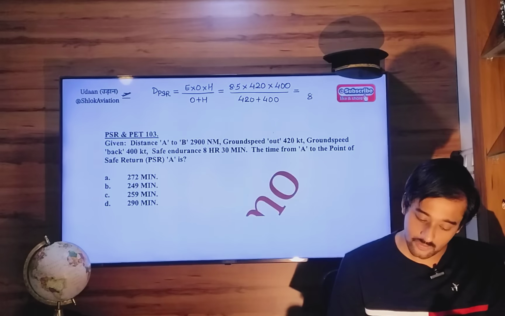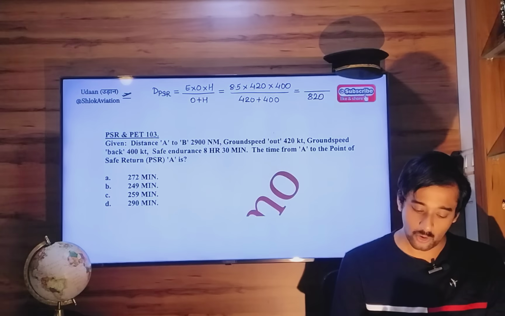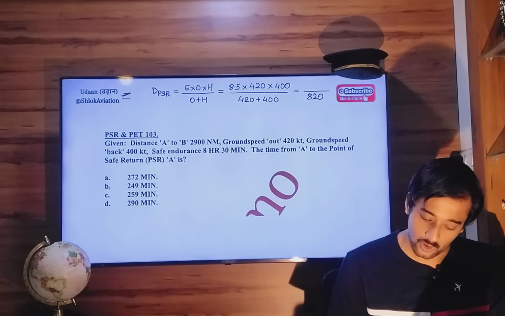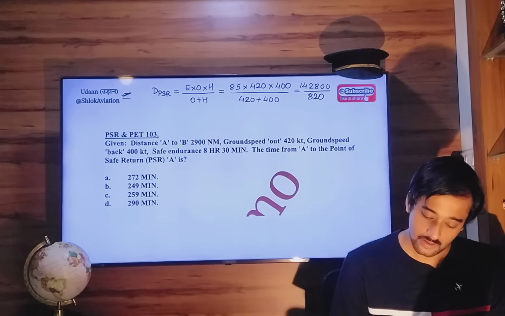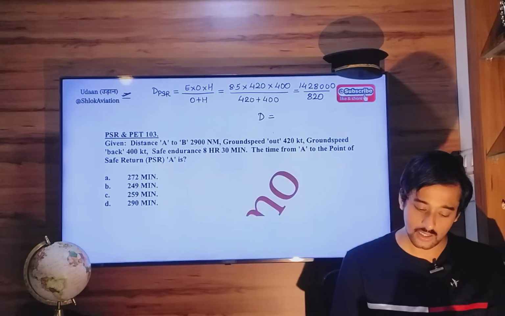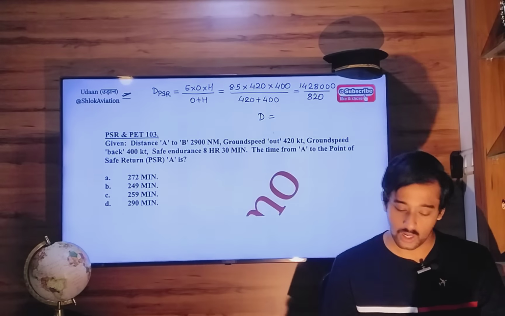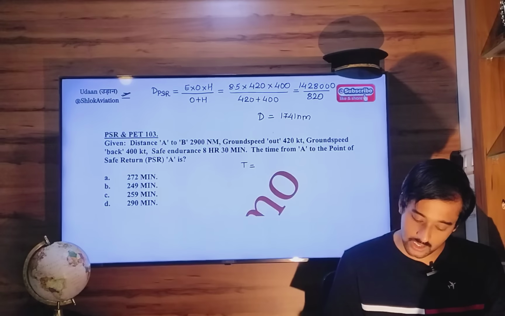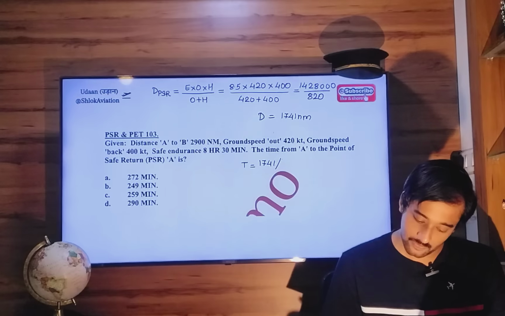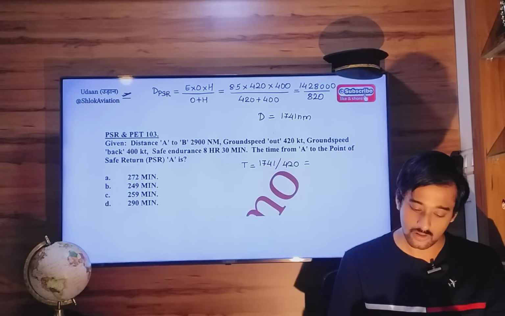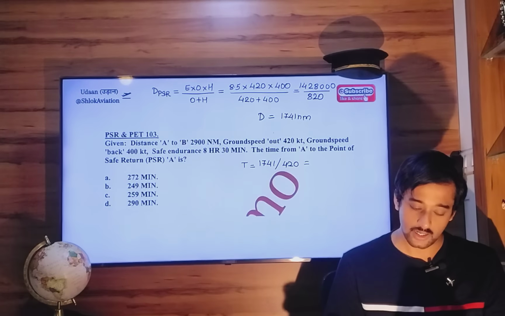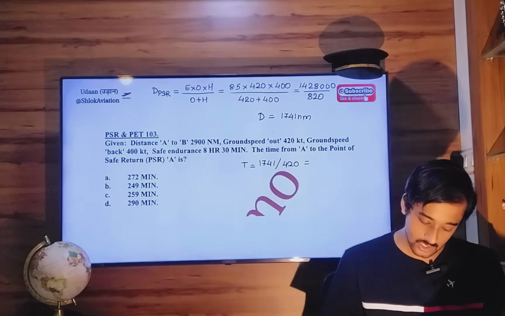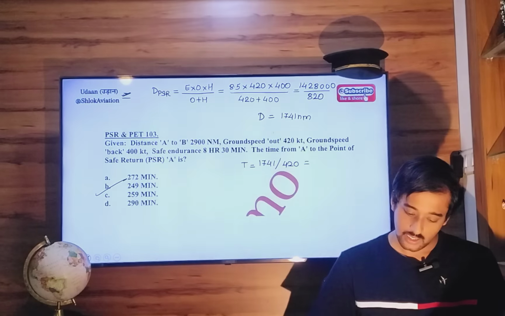So 820. 8.5 into 420 into 400 is 1428000. So distance is 1741 nautical miles. Time will be 1741 divided by 420, 4 hours 8 minutes, into 60, 249 minutes. Option bravo.